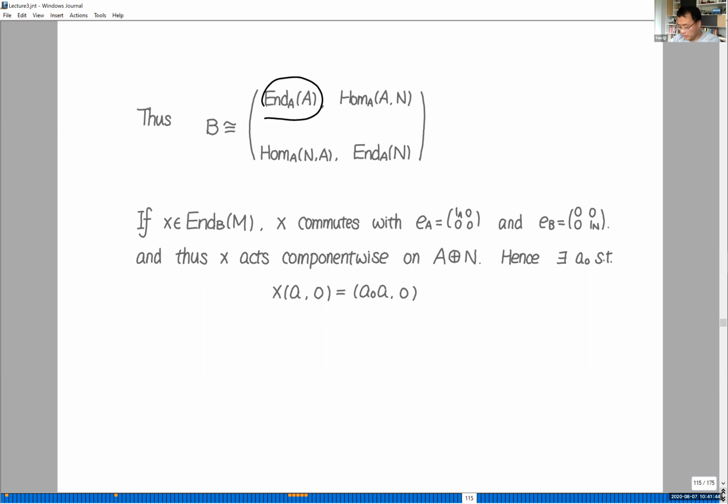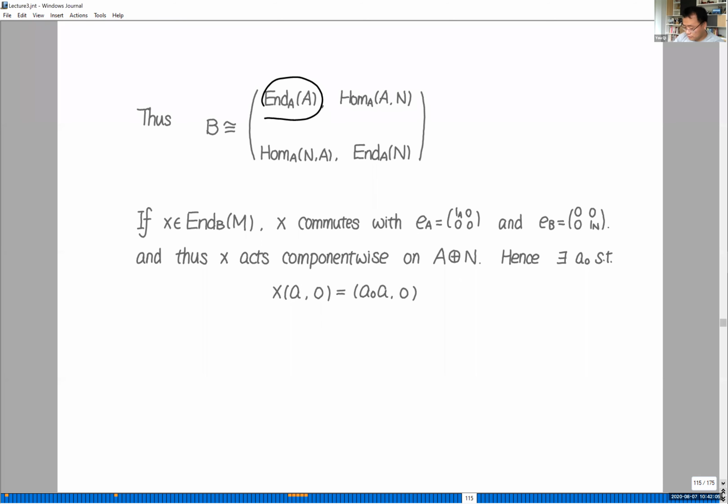So you can find an element a_0 acting on the left that has the same action as x. What we're reduced to showing is that x also has the same action by multiplication by a_0 on N.